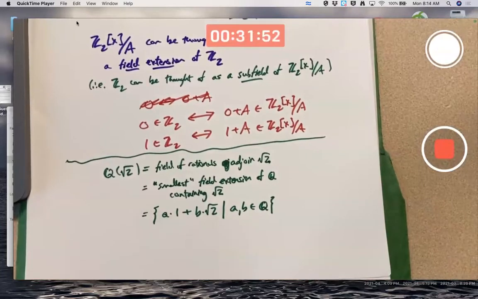This is a field extension of the rational numbers that contains root 2. Notice it contains a lot more than just root 2 beyond the regular rational numbers.